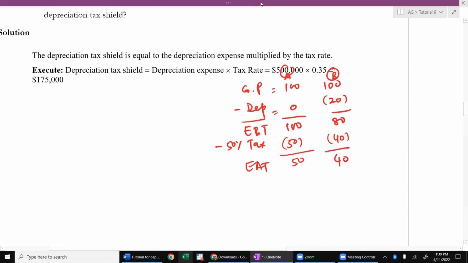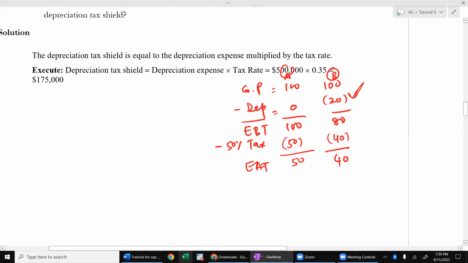My question to you is that when there is a depreciation expense in the estimation, you will see that you are paying less tax. You see 40 here, but if there is no depreciation, you are paying a tax of 50. So you are paying more tax if there is no depreciation, and less tax if there is depreciation.